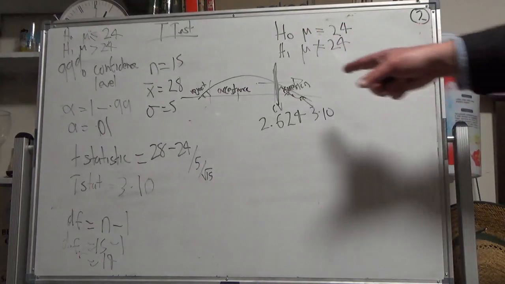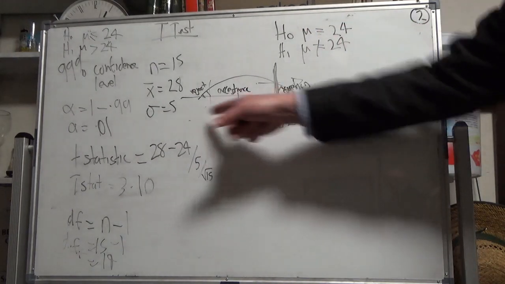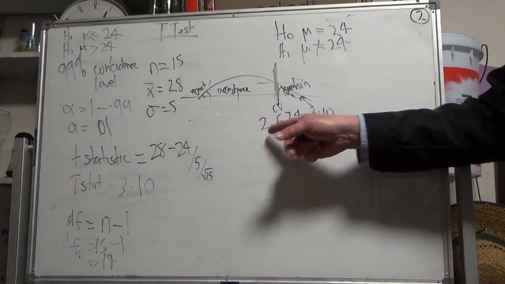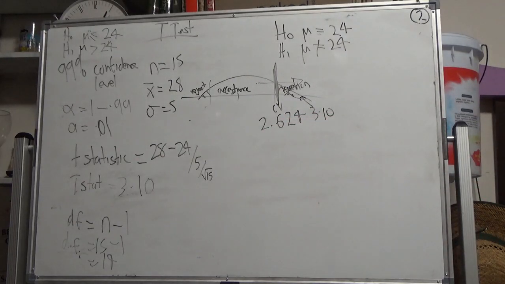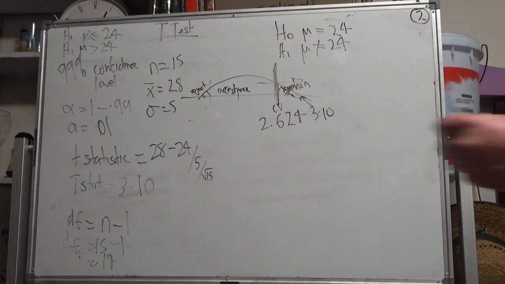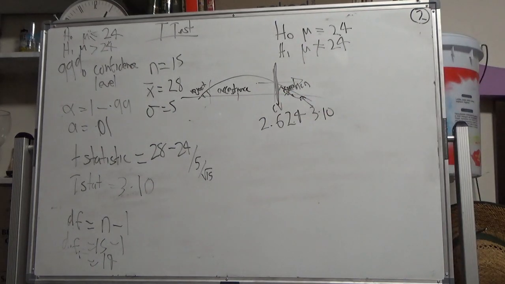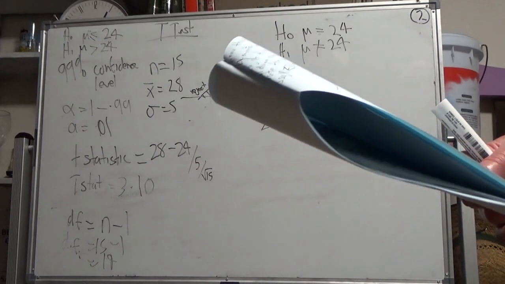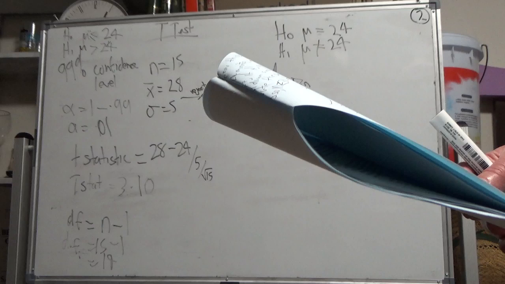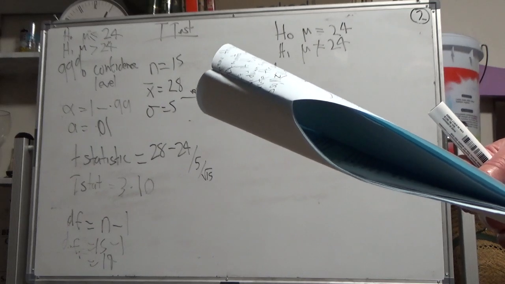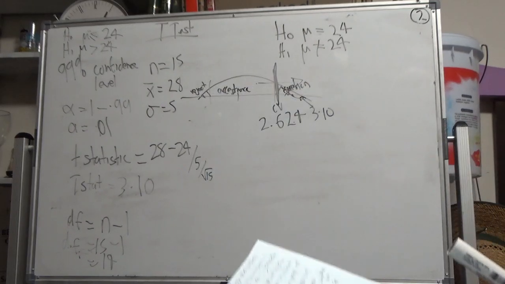So that would be a two-tailed test with two critical values, plus and minus 2.624 as well, okay? Just round it to two decimal places, really. You don't need a 4 decimal place critical value. So yeah, that would be a two-tailed test.